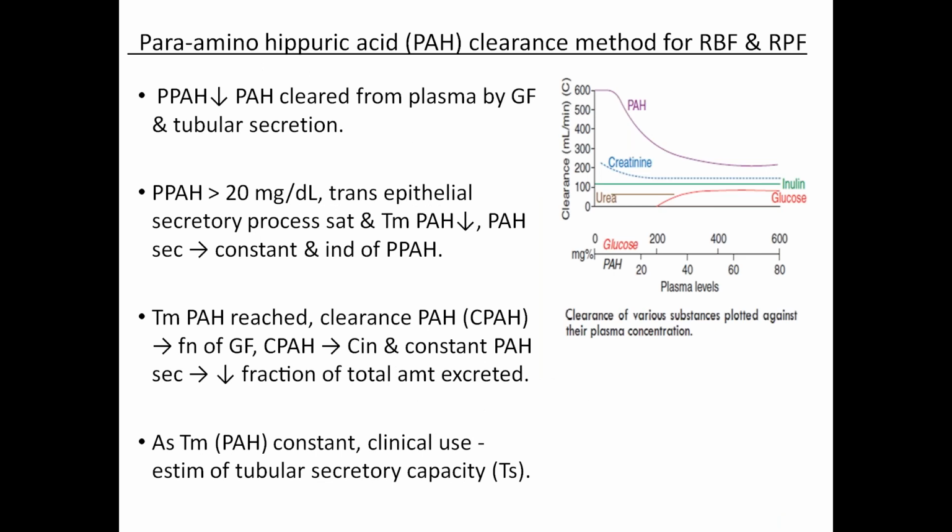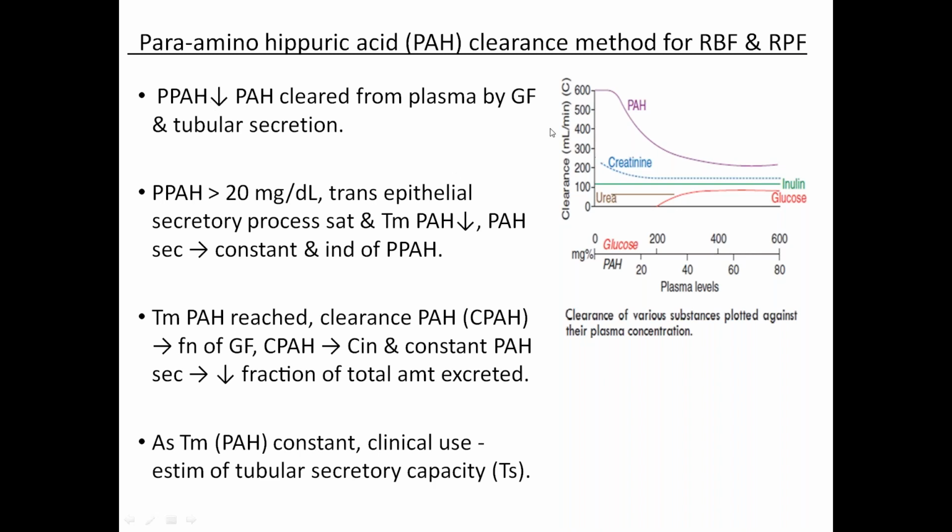So this is a slide I had shown you in the first unit, where we had said that the PAH clearance method is used for calculating renal blood flow and renal plasma flow.